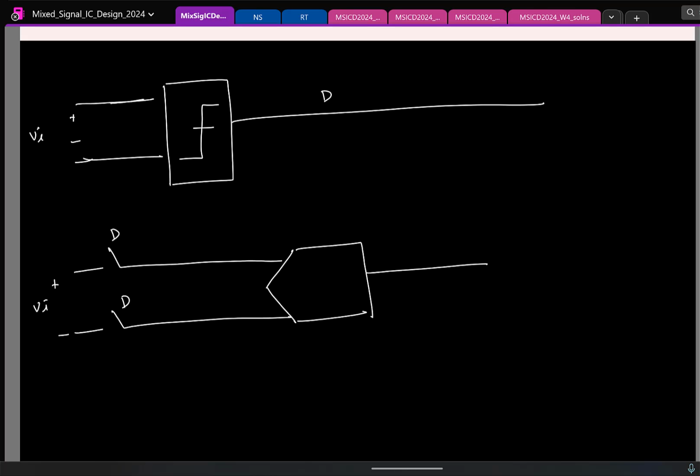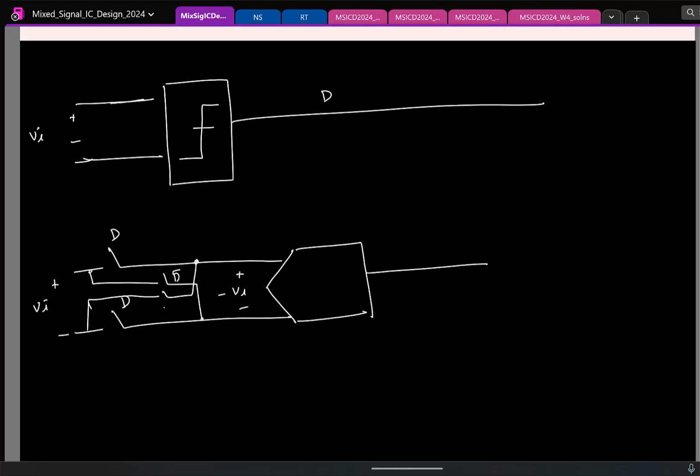If the input is less than 0, D will be 0, and you should flip and connect it. Instead of feeding plus Vi, it should be minus Vi, which you can simply do by crisscrossing: you give the negative to the positive, and positive to the negative. So you just need a switch like this.